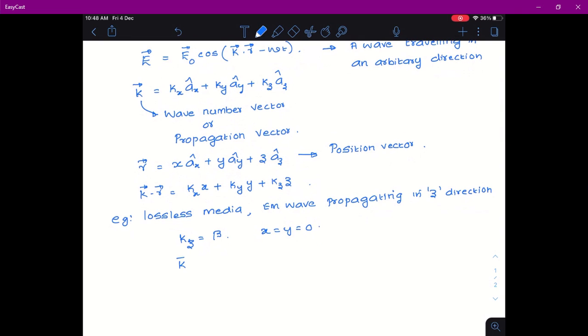So your k dot r is equal to beta z. So this is our wave equation that we have seen till now.